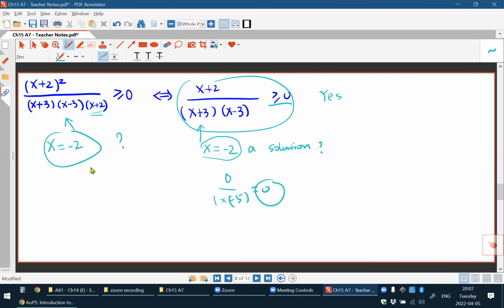Laura, are you there? So the question is, can x be -2 for the inequality on the left? It can't, right? Because when x is -2, the denominator will be 0. We can't have a 0 as denominator. You understand?